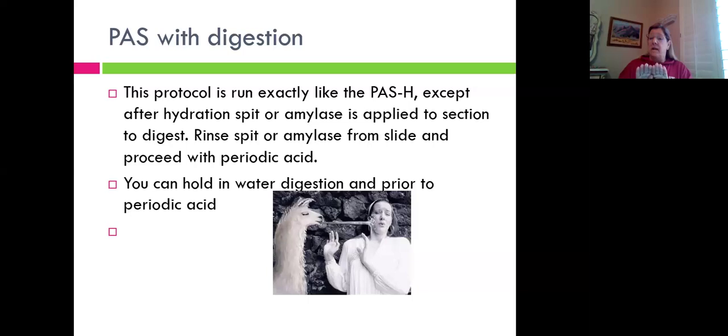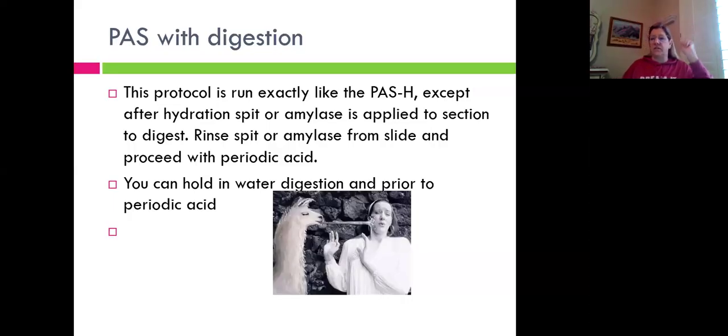Remember that if you do this in the laboratory, they have to be identical sections. When you pull your slides from behind the board, make sure you don't have one PAS control that's one tissue type and another that's a different tissue type or a different cut. You have to have the same cut.